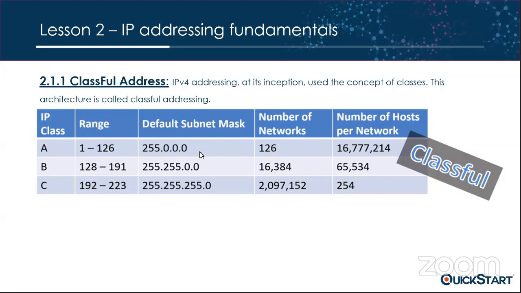If the routing protocol supports the classful address, it's going to assume the default subnet mask will be 255, or 255.255, or the other one.